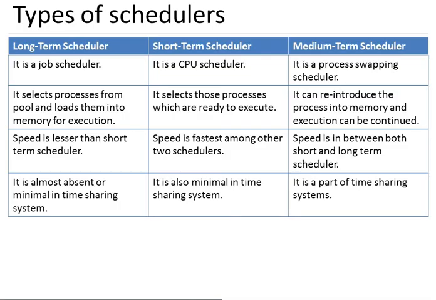Now the long term scheduler is minimal, or I can say absent, in a time sharing system, because in a time sharing system all the processes are handled first by the short-term scheduler, so that is why it is absent. The short-term scheduler is also minimal in some systems. The medium-term scheduler is part of the time sharing system.